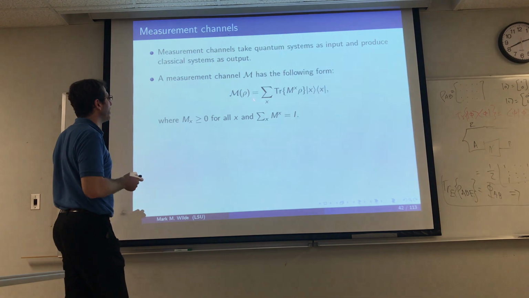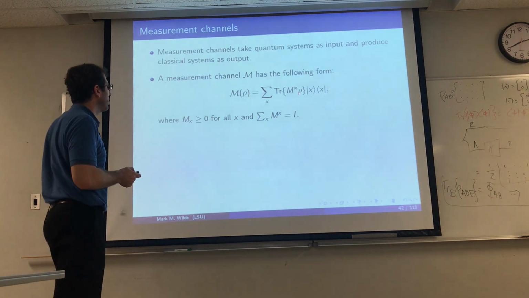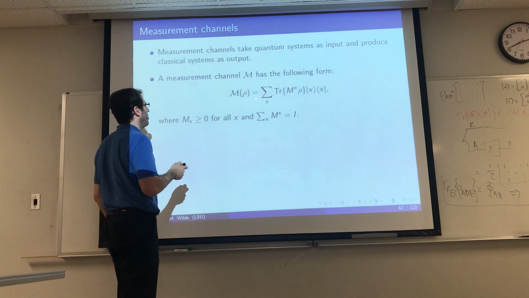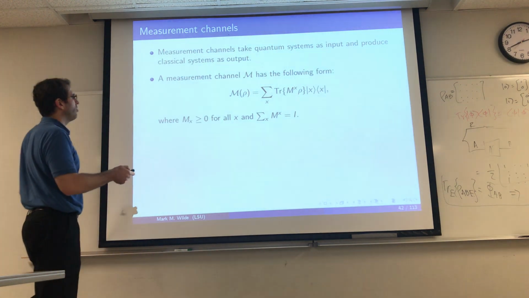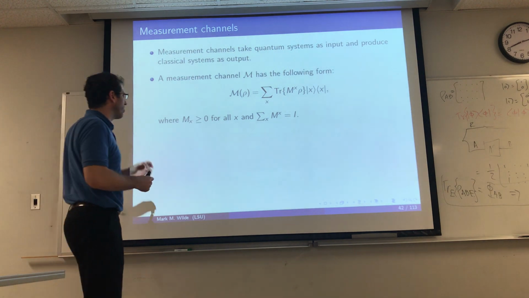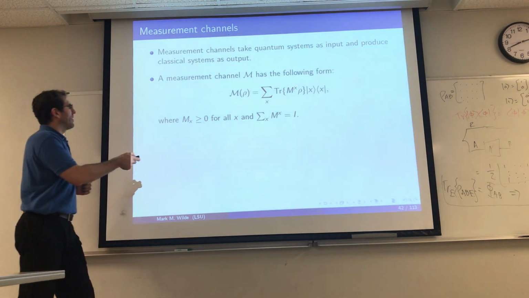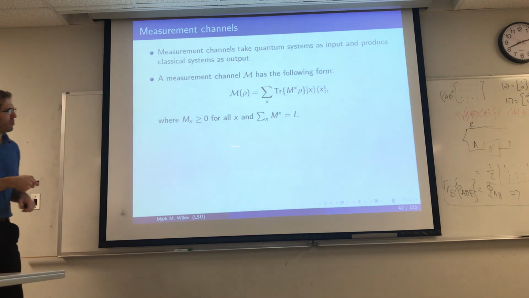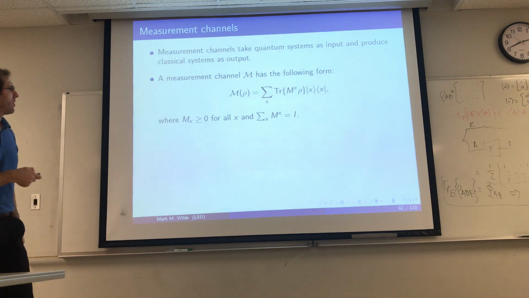This is the most general way you can write a quantum measurement. So it's an evolution from the density operator rho to a probabilistic mixture of classical states. You take the rho, you trace with an operator that's positive semi-definite. This is called a measurement operator.